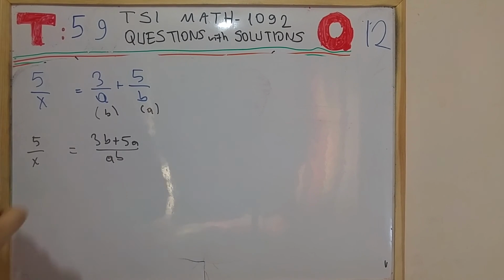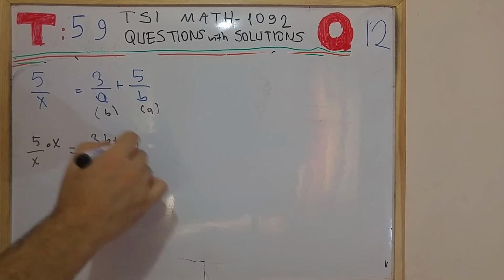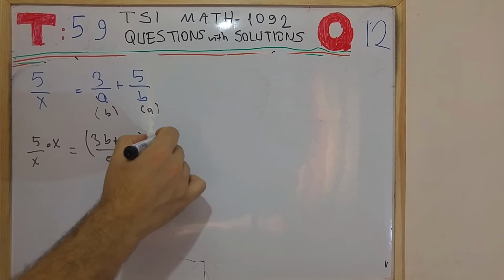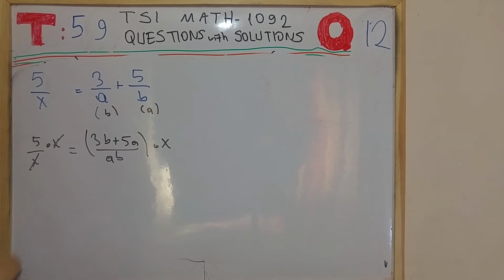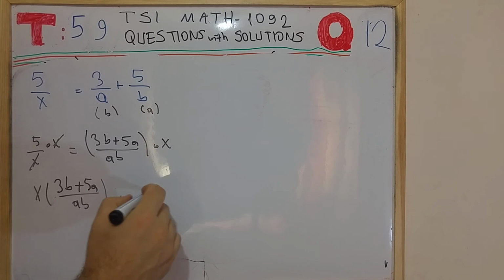That's why I need to multiply each side by x now. And what I have here is x times 3b plus 5a over ab is equal to 5.